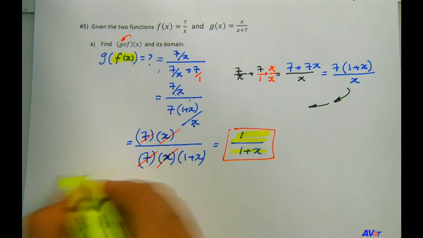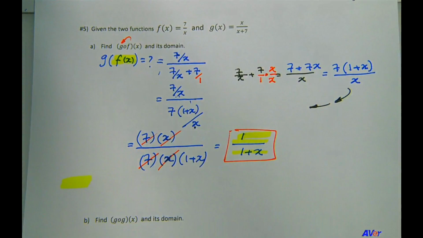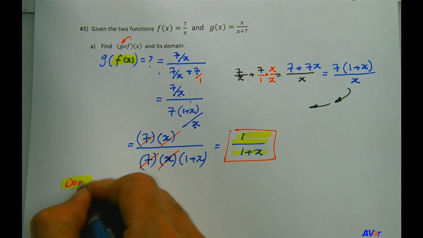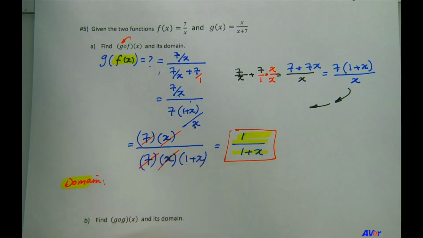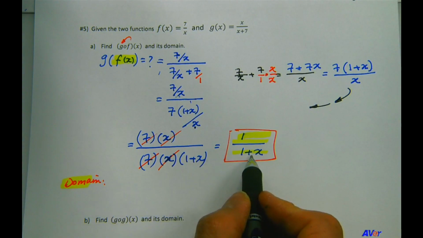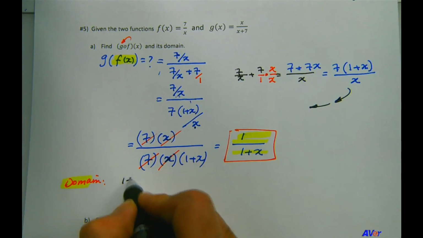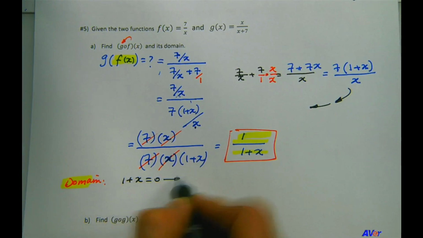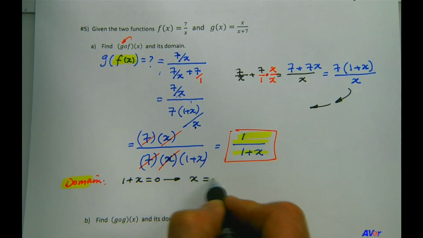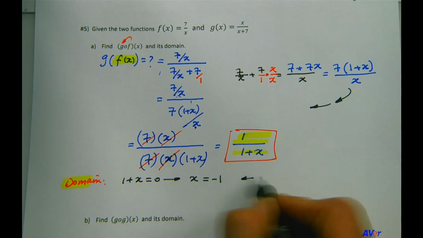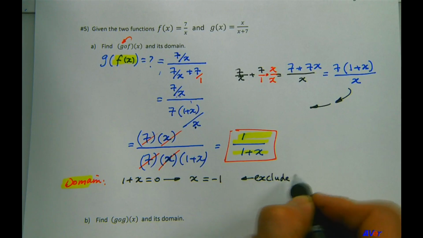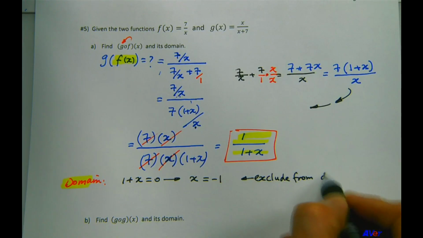So the domain would exclude anything that would make this denominator 0. So 1 plus x equals 0, x equals negative 1, exclude from domain.